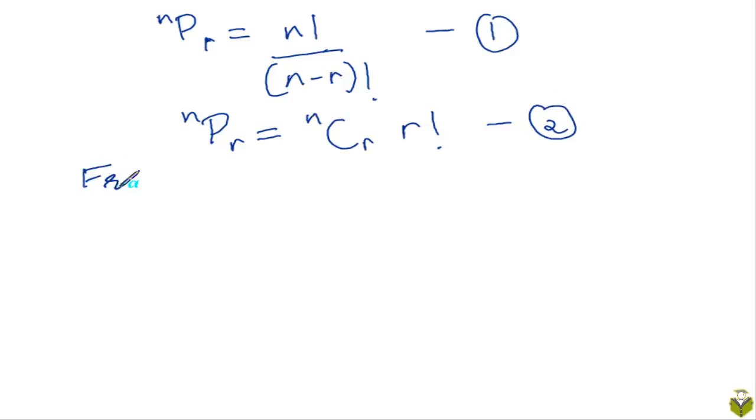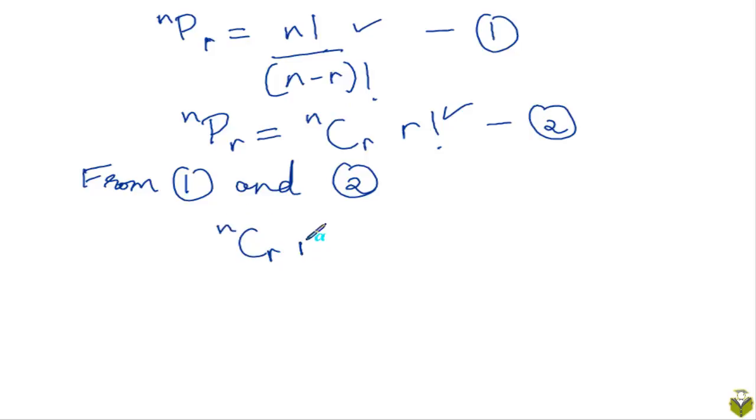From 1 and 2 it now follows, because these two are equal, so this and this are also equal. So you have NCR into R factorial is the same as n factorial divided by n minus R factorial, right?